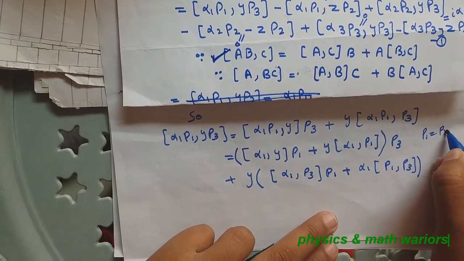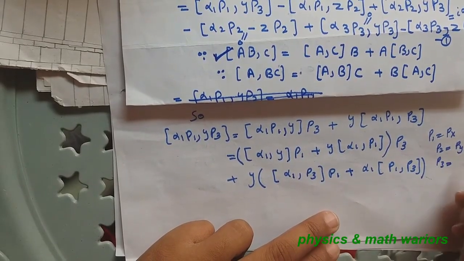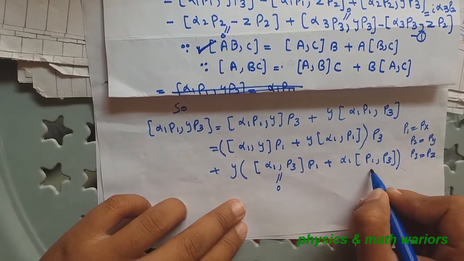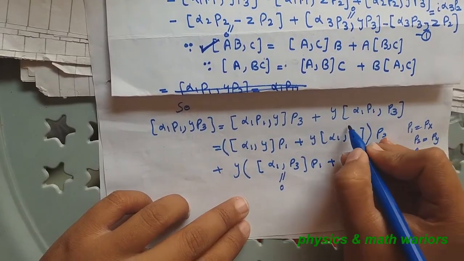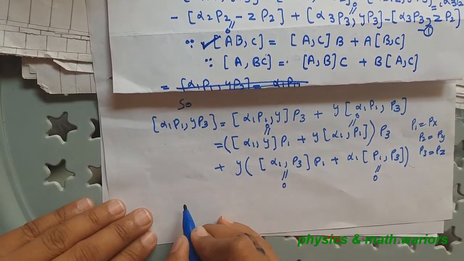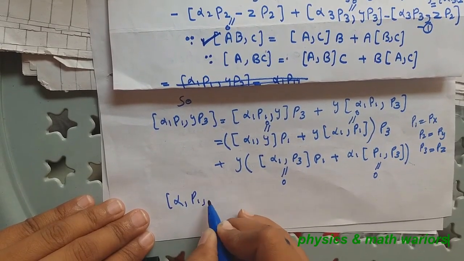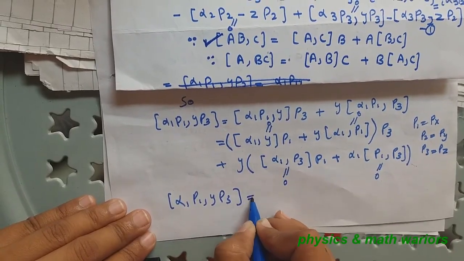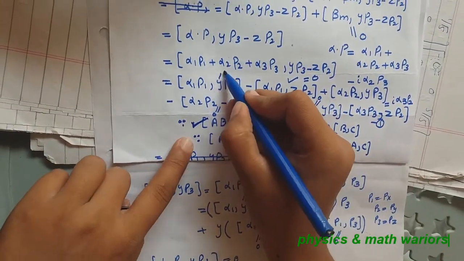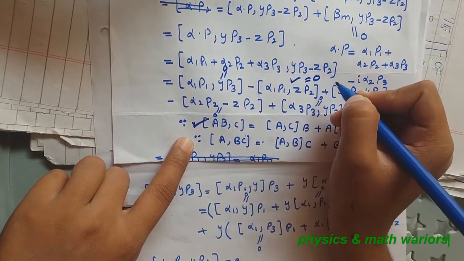P1 is equal to Px, P2 is equal to Py, P3 is equal to Pz. So the commutator of this term is equal to 0, this term is also equal to 0, the commutator of this one is also equal to 0, and the commutator of this term is also equal to 0. So the commutator of alpha 1 P1 and Y P3 is equal to 0. The commutator of this term is 0 and this term is also 0.